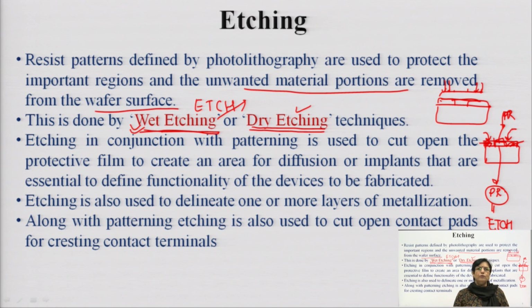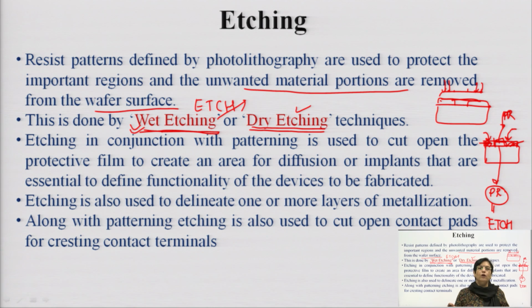Etching is also used to delineate one or more layers of metallization. There can be multiple layers of metallization, and to establish interconnect between them you need to pierce the layer in between which is isolating them, as well as form the tracks.